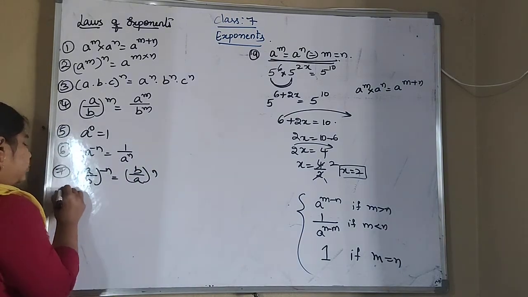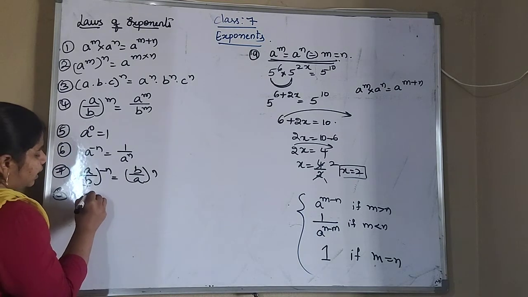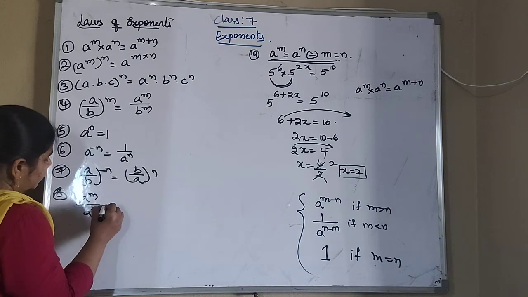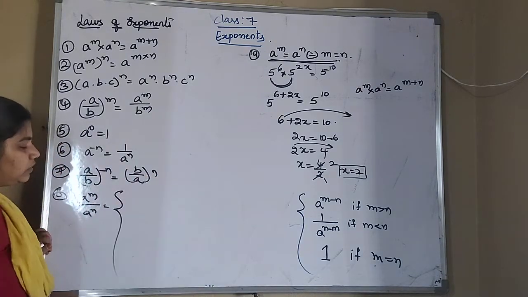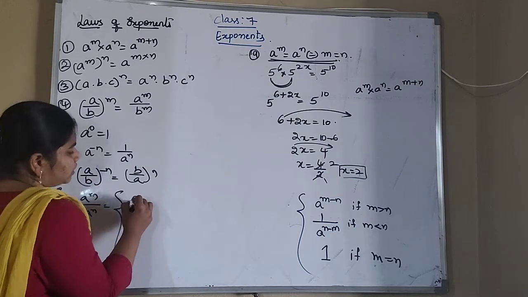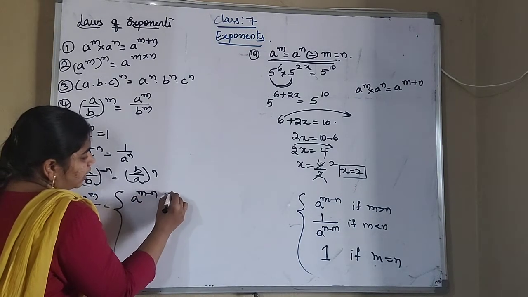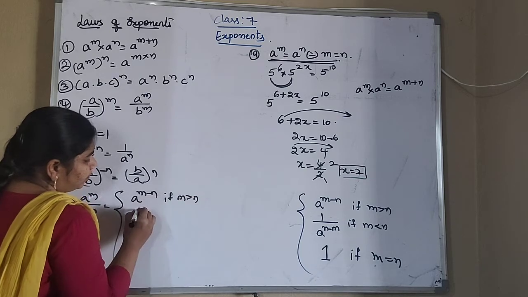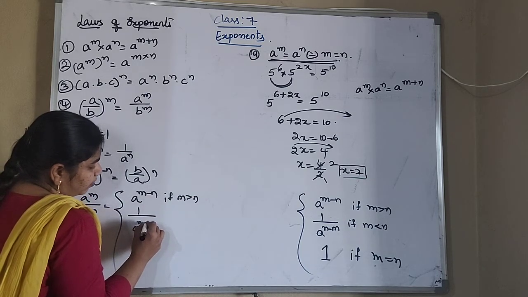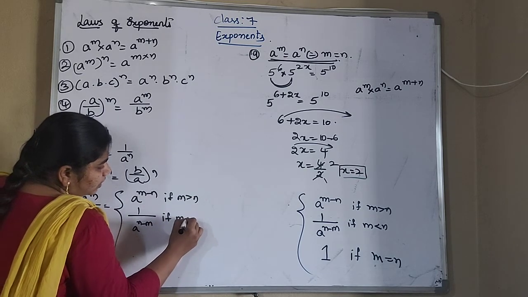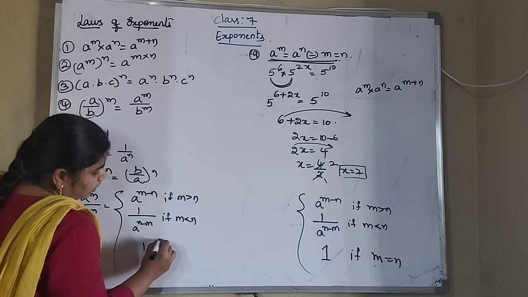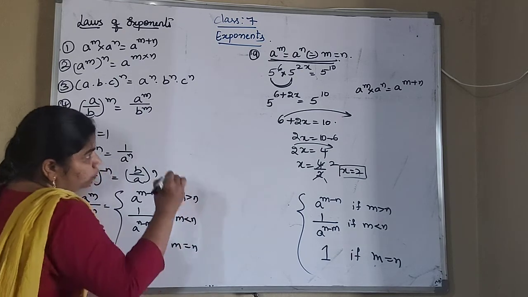Next, the eighth one, which I already wrote there, is a power m by a power n, for which we have 3 different formulas: a power m minus n if m is greater than n, 1 by a power n minus m if m is less than n, and 1 if m is equal to n.